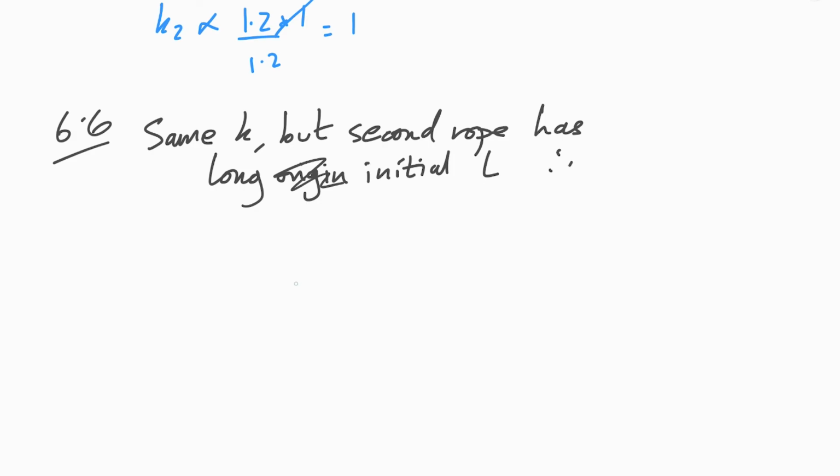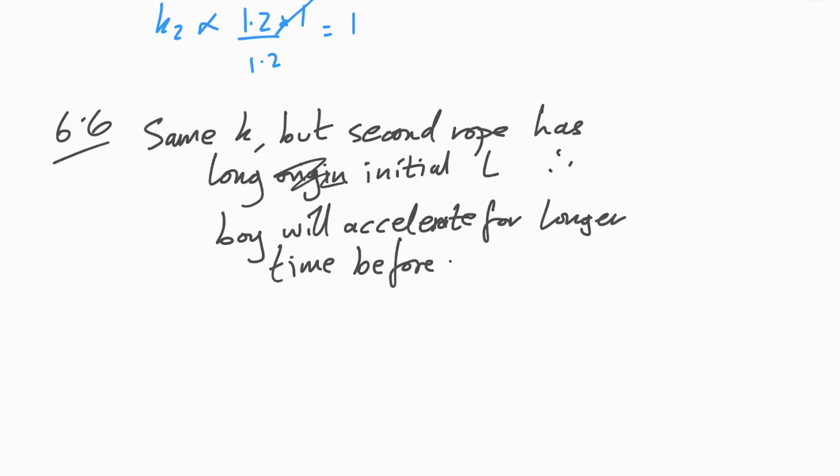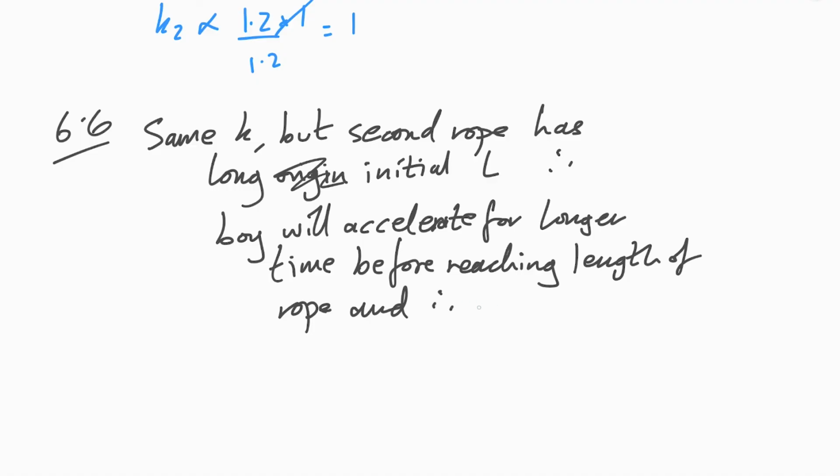Therefore, if it's longer, this isn't an easy question again. The buoy will accelerate for longer before reaching the length of rope, and therefore the acceleration decreases, therefore max EK is greater.